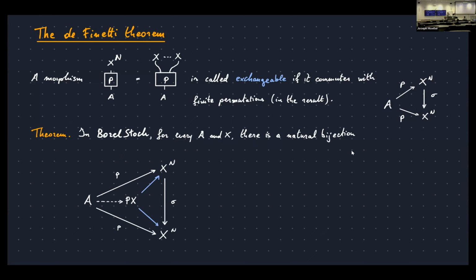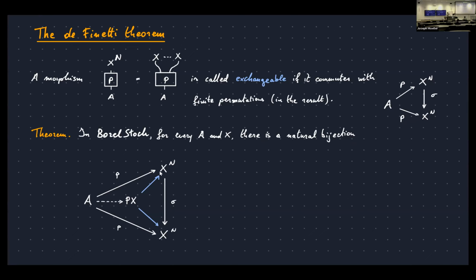Again, natural transformations didn't exist at the time. A natural bijection between cones like this, so exchangeable morphisms or exchangeable probability distributions, and maps into PX, so random morphisms into the space of probabilities, or probabilities over probabilities, making this diagram commute.